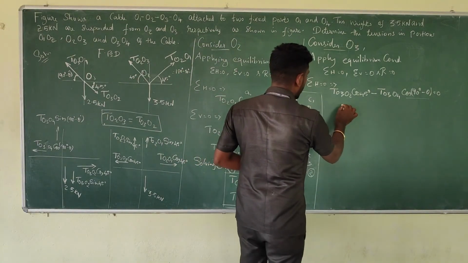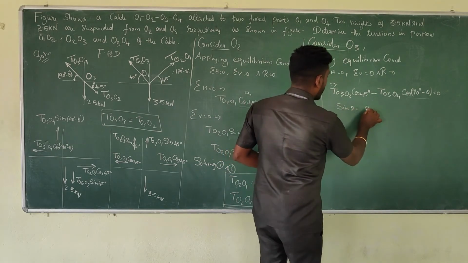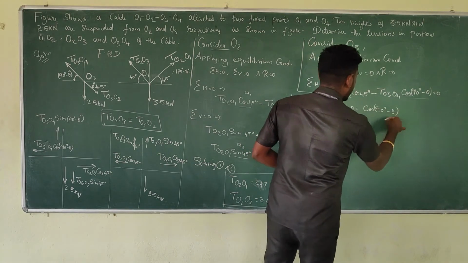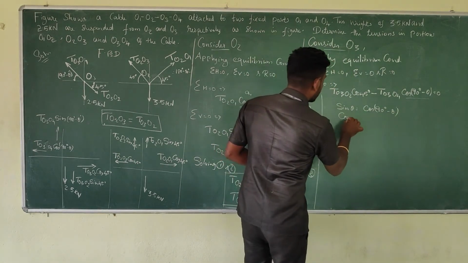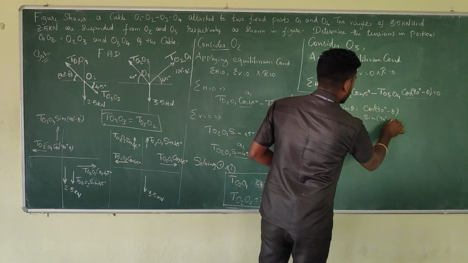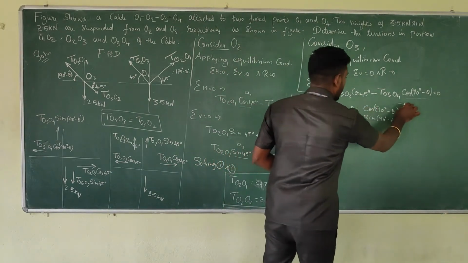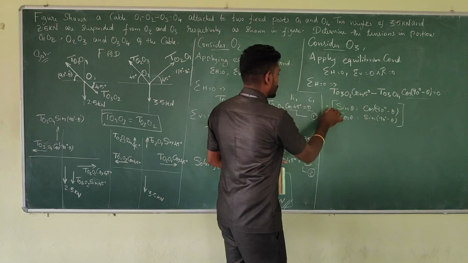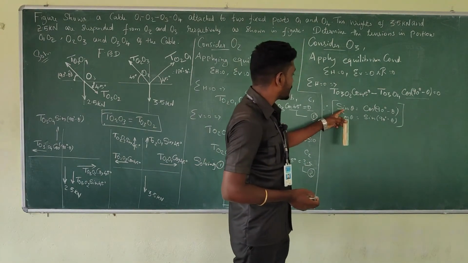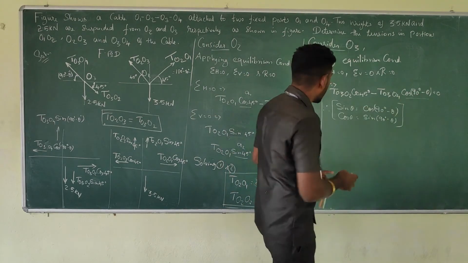That means sine theta is equal to cos 90 degree minus theta, and cos theta is equal to sine 90 degree minus theta. In the lower classes we have learned the practice of substituting those values in order to simplify. So I am going to substitute sine theta in terms of cos 90 minus theta. So what comes here?